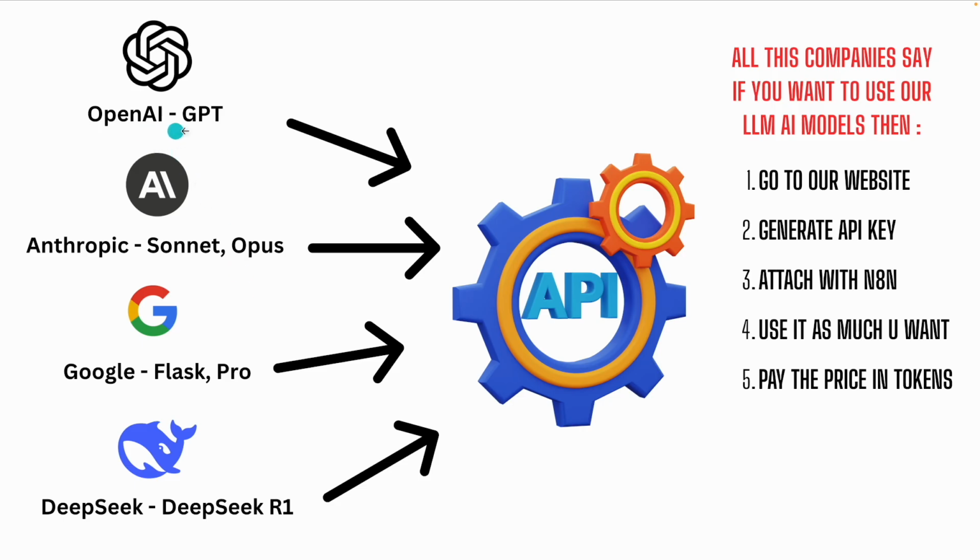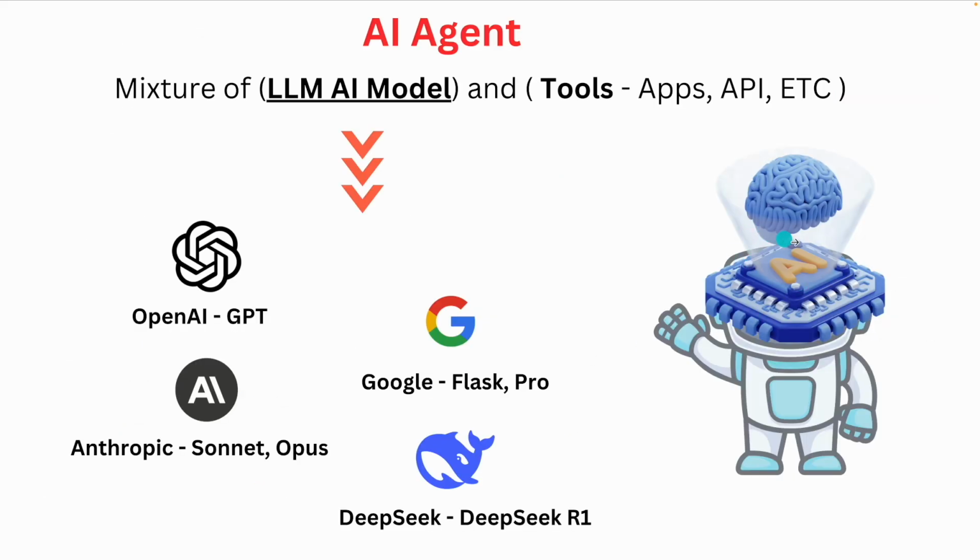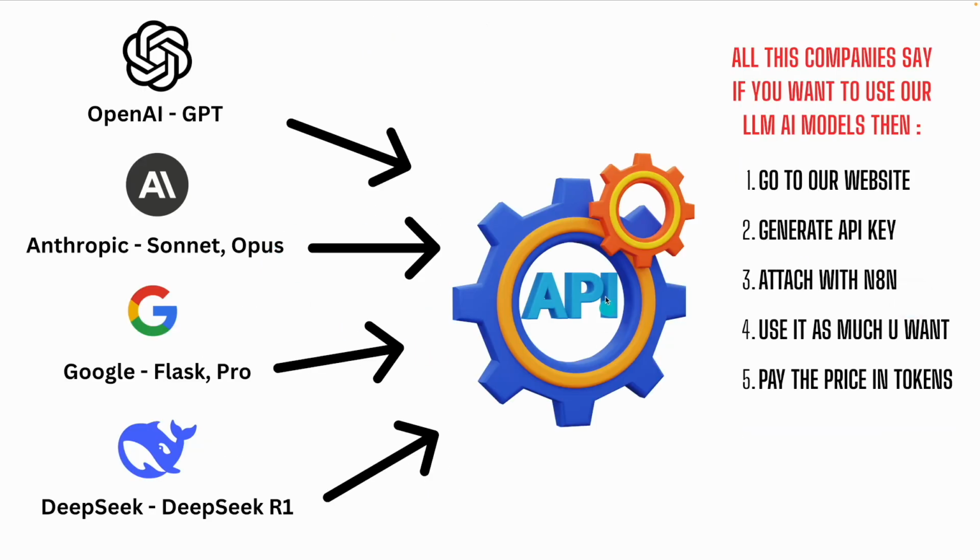All these companies say to us that you can use our LLM AI models through our API. All the big companies give us the facility to use the AI brain they have created, and we can use it through API.